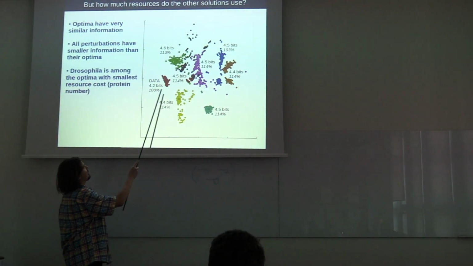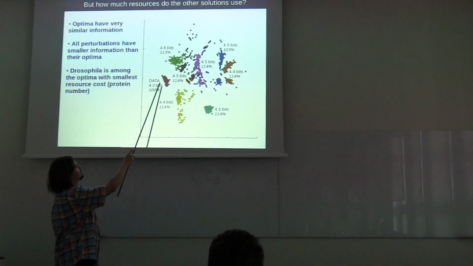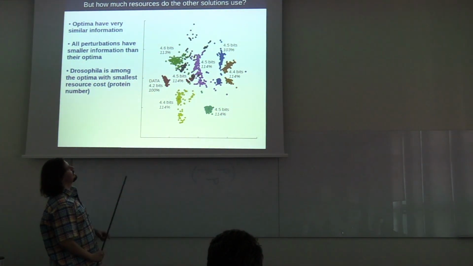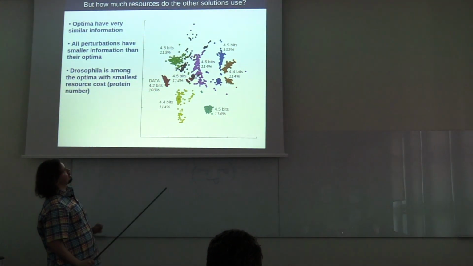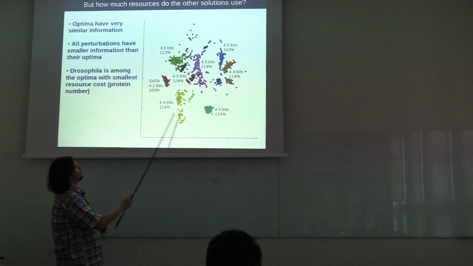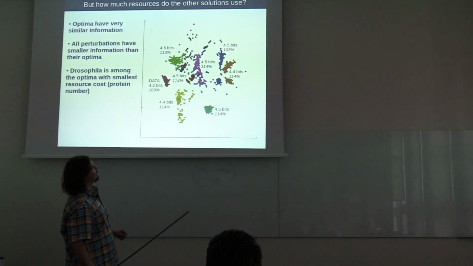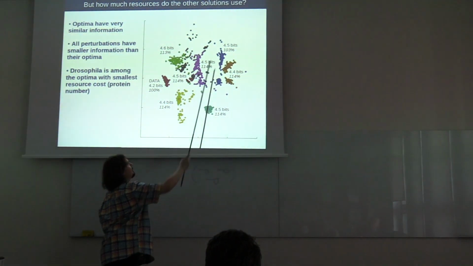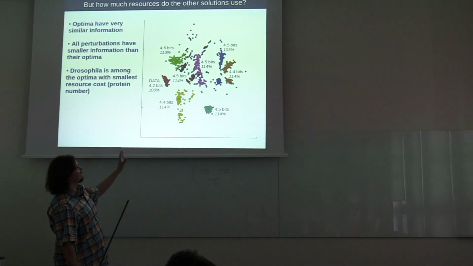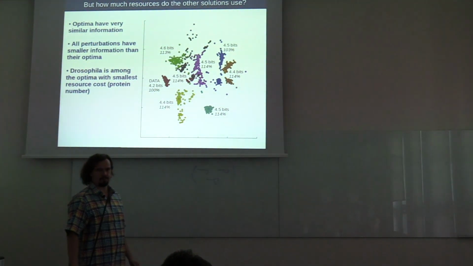So here we take this resource usage of that solution as 100%, and then we can compare to the other solutions, and you can see that almost all of them use about 14% more resources.